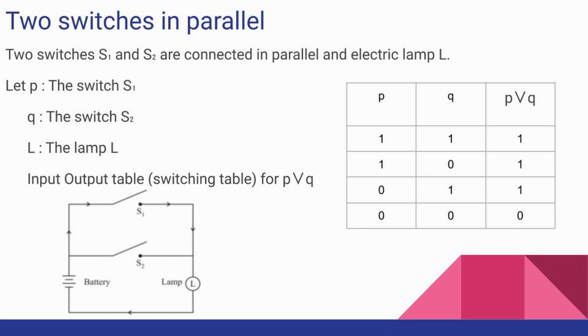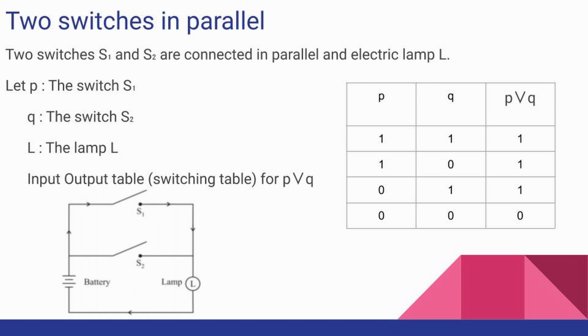And we have two switches in parallel. Parallel means one is above and the other one is below. Parallel represents disjunction. So here we have two switches S1 and S2 connected in parallel and electrical lamp capital L. Let P be the switch S1, Q be the switch S2, and L is your lamp L. The input output switching table for P or Q is similar to the disjunction truth table.